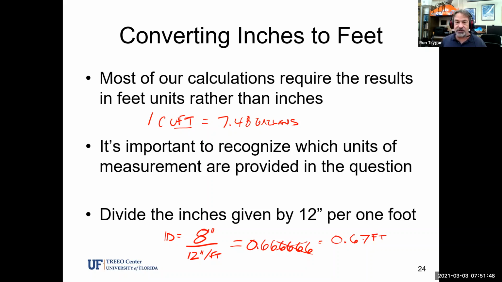We round using the rule that if the number to the immediate right is 5 or higher, which in this case this 6 is, then when we drop that 6 away, the previous digit goes up 1, so this became 0.67. If it's 4 or less, any number less than 5, we round down. So it would have just stayed 0.66 if that was the case. So that's how we're going to do this math with converting inches into feet.